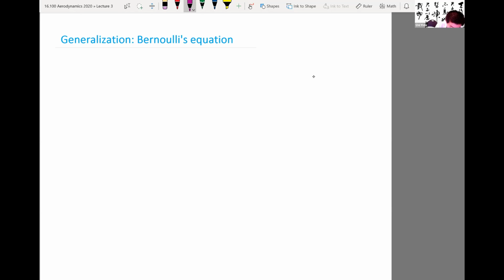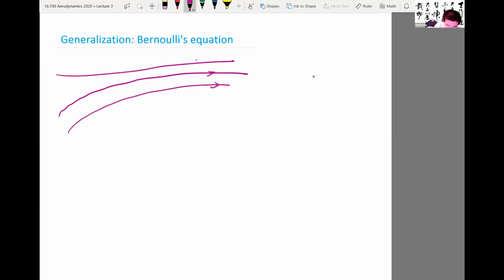Bernoulli's equation is essentially saying that along the streamline, no matter what the streamline looks like, the pressure plus half of rho times u squared is a constant along the streamline. What it says is that the derivative along the streamline is 0.